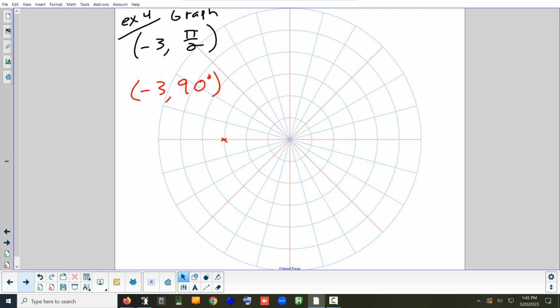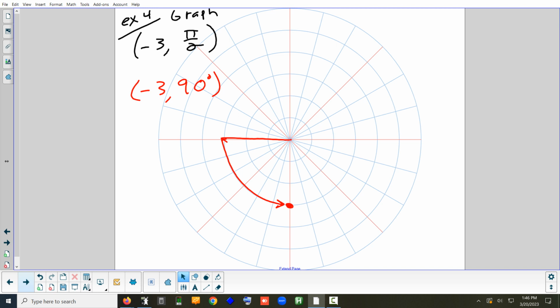Counterclockwise. Yeah. So 1, 2, 3. It's going to be at the bottom. Good. So it's going to be counterclockwise. And let's draw it. So we went left, and then we went counterclockwise 90 degrees.